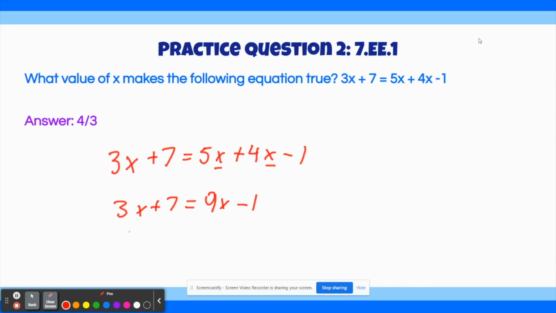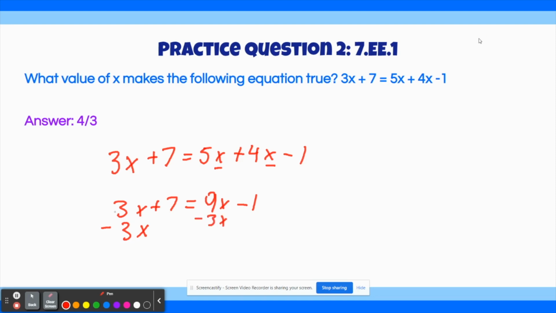So now we need to move terms to different sides in order to combine them. So we're going to start with the x's. We see the 3x on the left side, and so if we subtract 3x from the left side, that means we have to do the exact same to the right side, and we see the like term right here. So we can do the minus 3x.